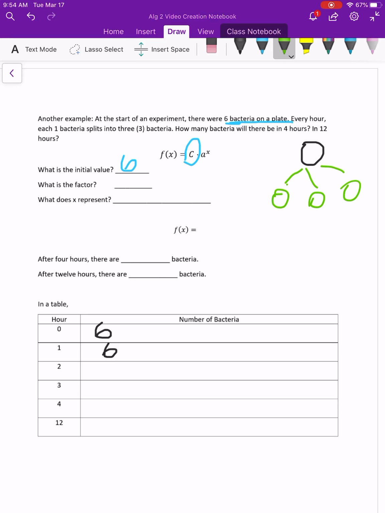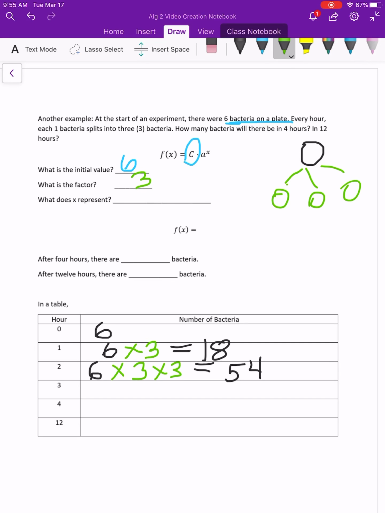If this happens 6 times, it's like multiplying by 3, which means that we will have 18 bacteria in the next hour. And then in the following hour, we're going to multiply by 3 again. So in that next hour, we're going to have 54 bacteria. And so what we're multiplying by every time is 3, because we're changing from 1 bacteria to 3 bacteria.